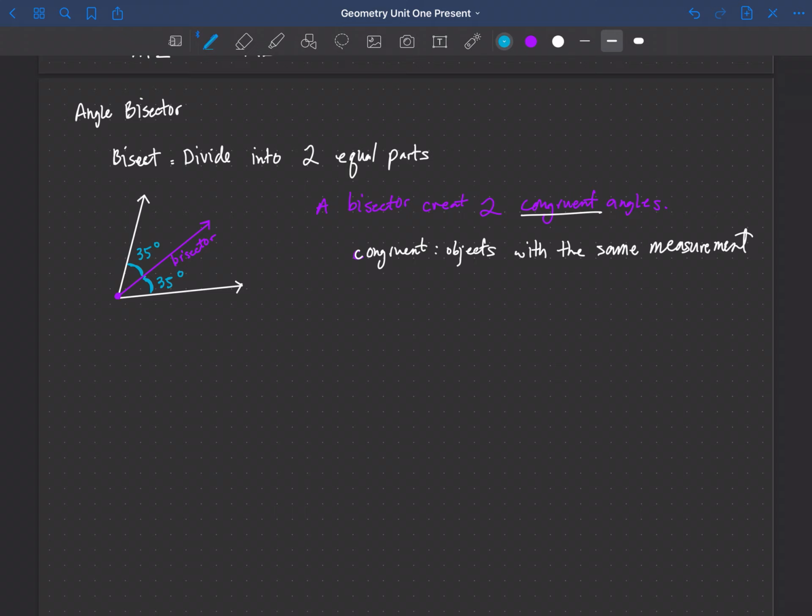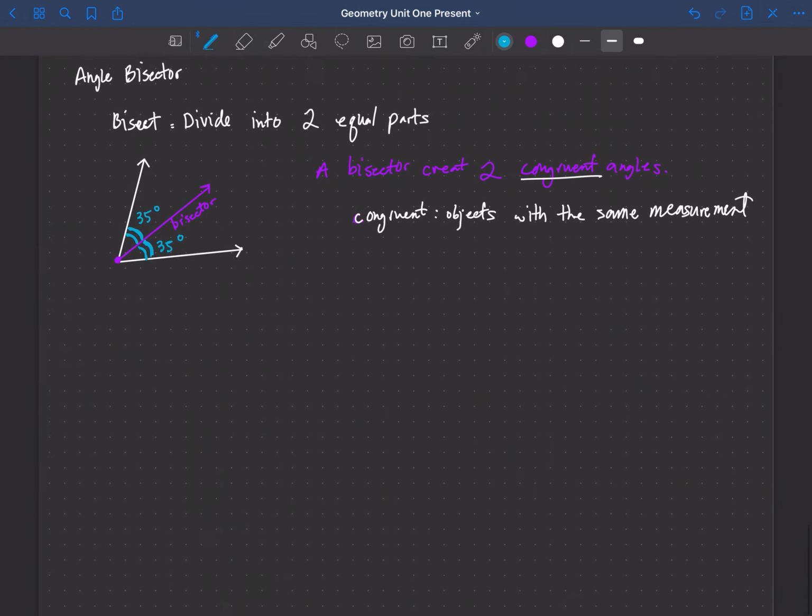This is also a symbol that we use for congruent in the diagram. We just use many arcs. Okay. So since they both have one arc, they would be congruent. If they had two arcs, those two would be congruent. Okay? And we'll go into a little bit more about congruent angles later in other videos.